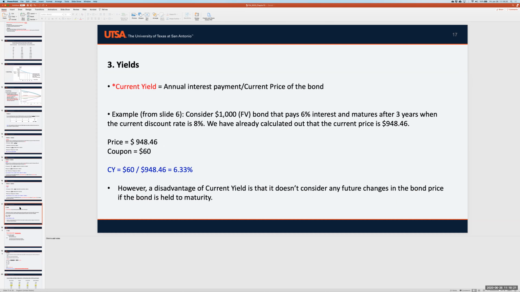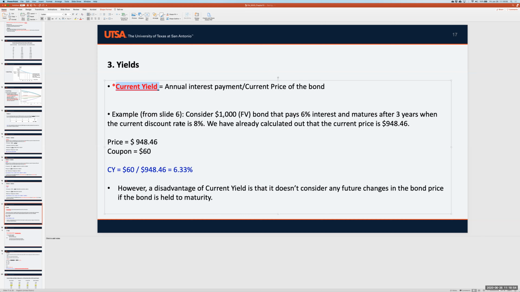Let's go on. And current yield, this is a different concept that we need to know. Current yield is the annual interest payment divided by the current price of the bond. So we know how to calculate the current price of the bond, and we already know the annual interest payments. We simply put the payments in the numerator and divide by the present value of the bond, and so we find the current yield of this bond.